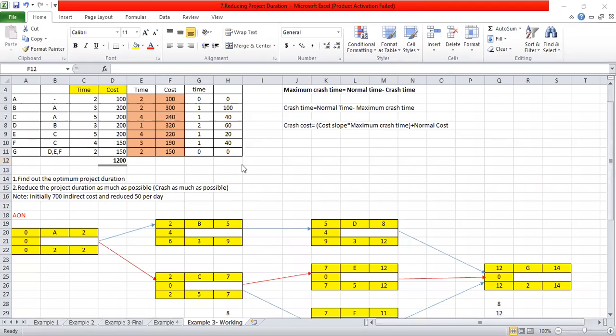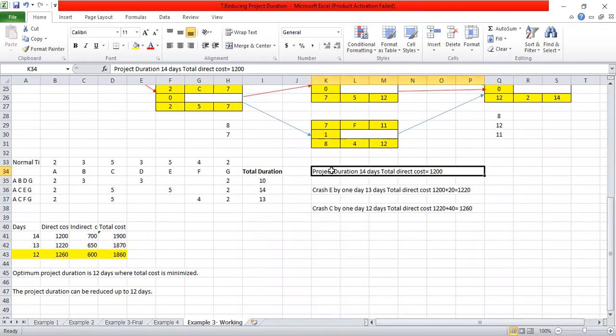Right. So for the project, initially the critical path is ACEG. The project duration is 40 days and the total direct cost is 1,200. So next we are highlighting this critical path ACEG.